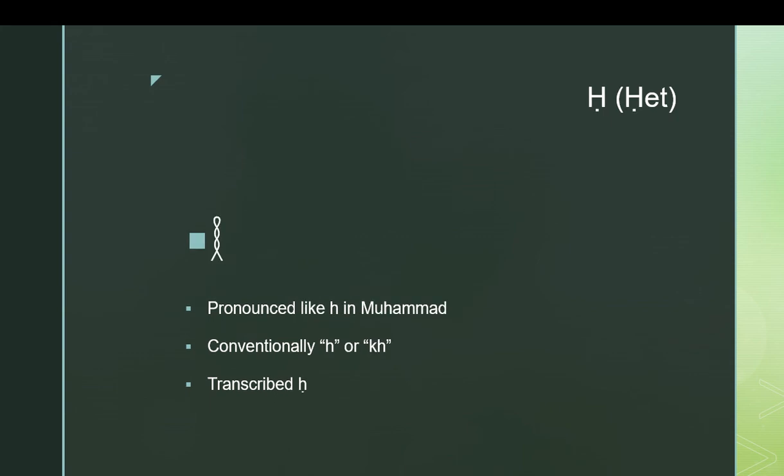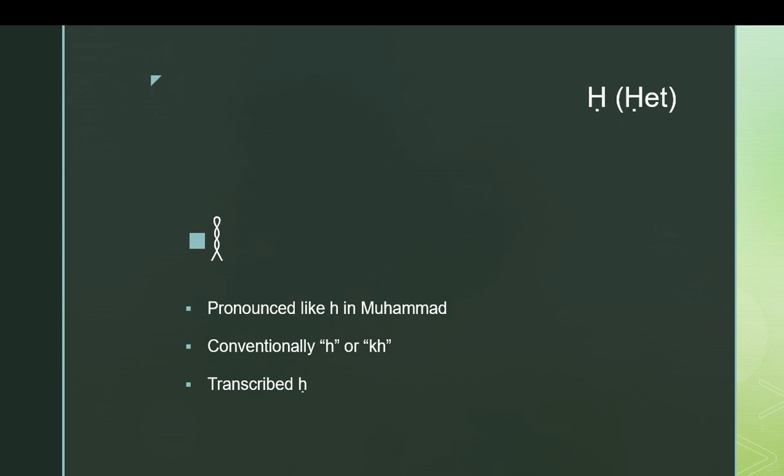The next H sound is written with an H with a dot. It's sometimes called dotted H. A more appropriate name is probably het, from the name of this letter in Semitic languages. It is pronounced like the H in Muhammad, which is a little difficult for English speakers to say, myself included. It's the voiceless version of the ayin from earlier.